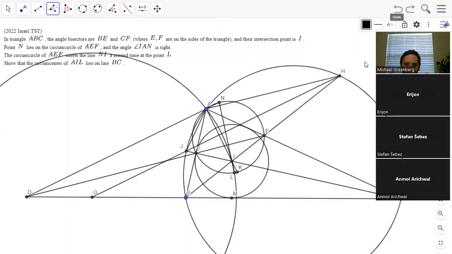So angle AEK. Is there a way to just compute that? Well, I think it's not that hard to calculate angle AEK, because that's just angle AEF. But you don't know AEF. There's no easy way to calculate angle AEF, is what you're saying.